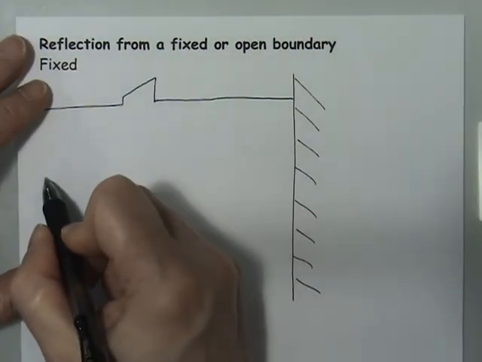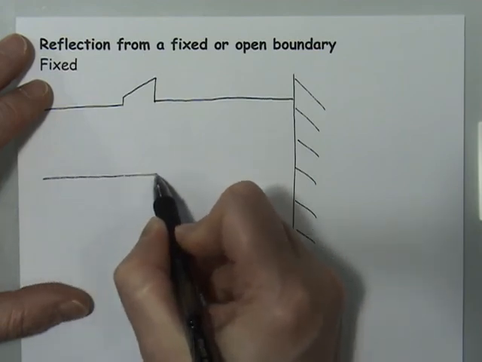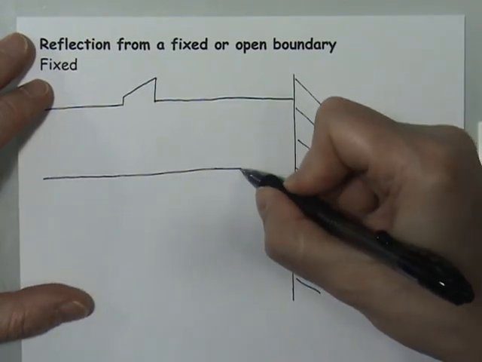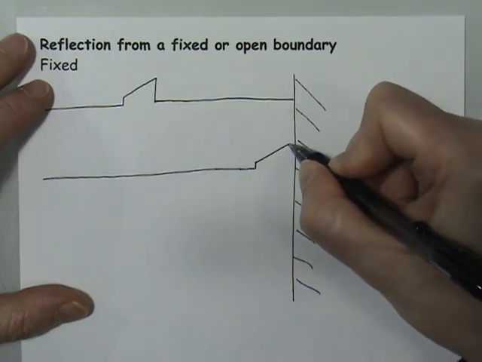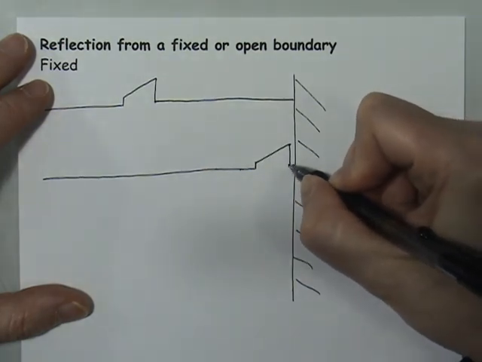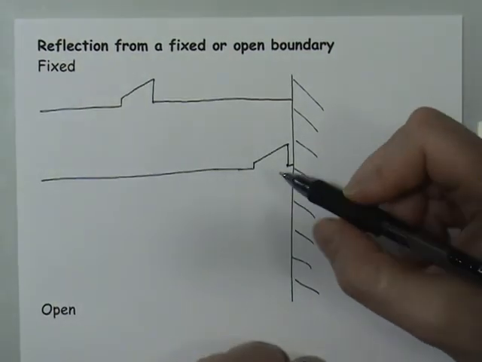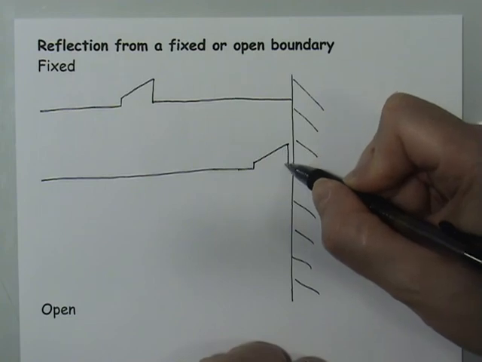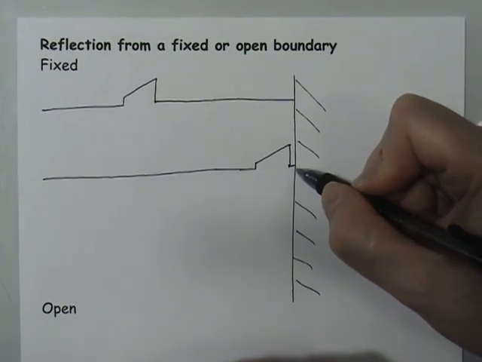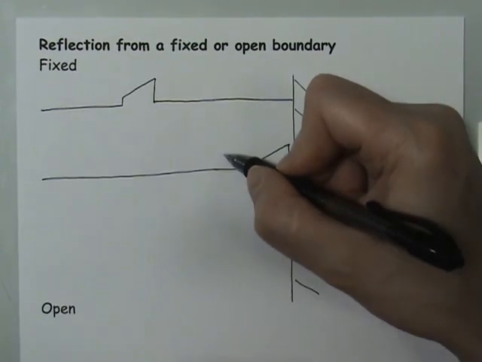So what is going to happen when this pulse reaches the wall? Okay, well, what's going to happen is that this portion of the string is displaced in the upward direction. So when it arrives here, remember, this is how waves travel in the first place. The wave pulls up on the string.